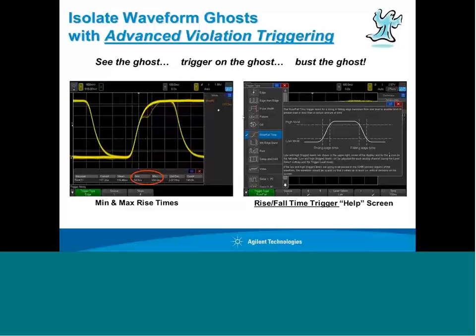When I ask people which one you select for this non-monotonic edge, actually most people say pulse width trigger. The right answer is rise and fall time trigger. But the issue is you must know what the normal rise times are in order to set up a timing criteria in order to trigger uniquely on a slower rise time, which this non-monotonic edge is.